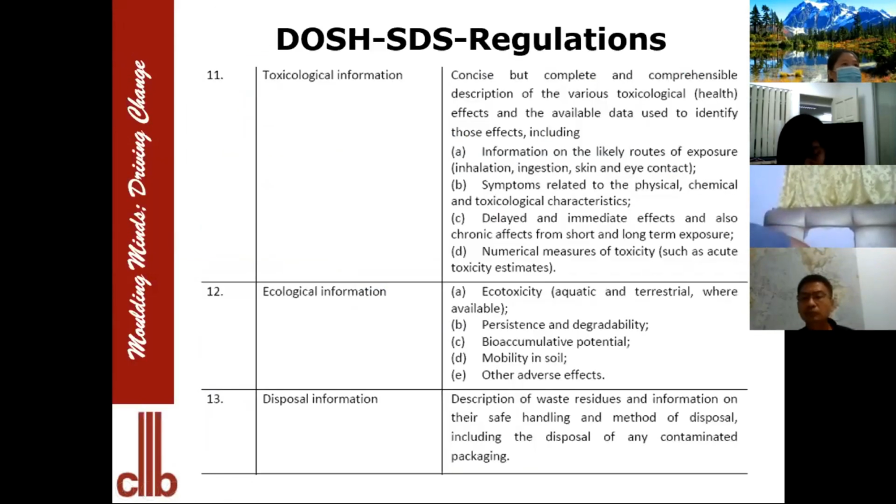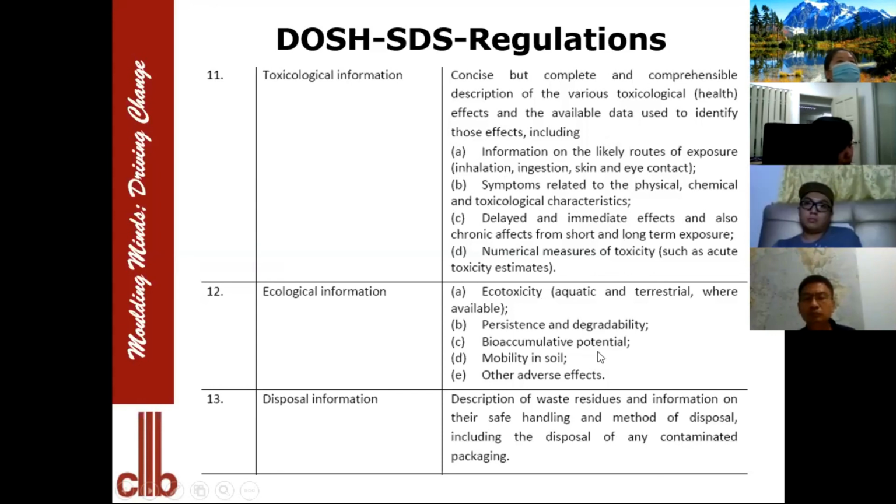Of course, this is the toxicological information to indicate whether this is a poisonous substance or not. The ecological information tells us whether it's an environmental or a marine pollutant. And 13, disposal information, advises how you would safely dispose of this substance.